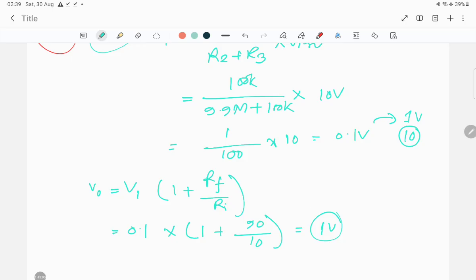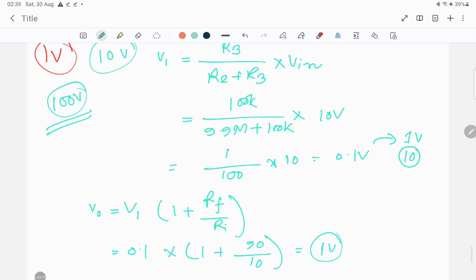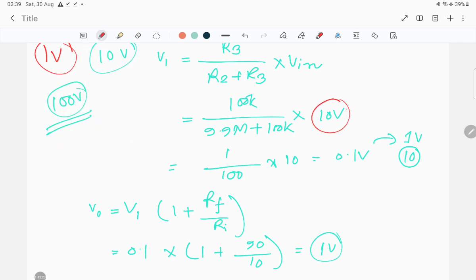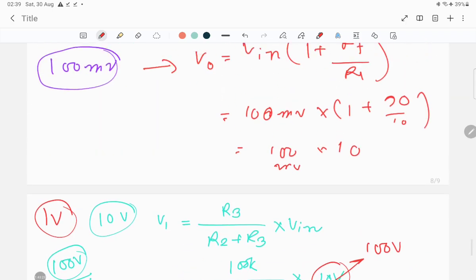Again if we select the 100 volt scale, what will be the scenario? The input voltage becomes 100 volt, and you will definitely get 1 volt. So you don't need any amplification factor, right?